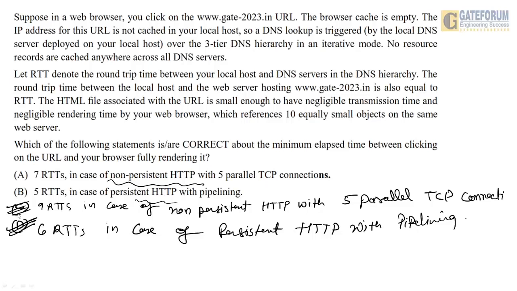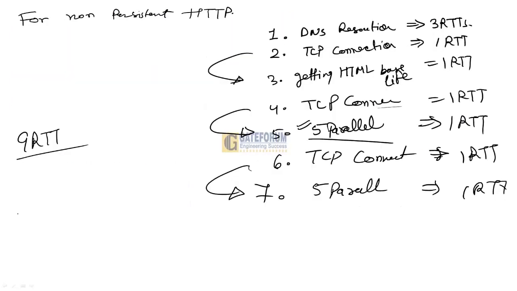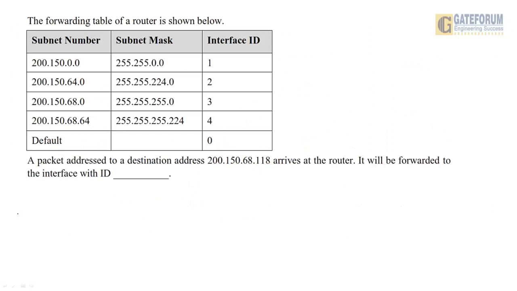Got my point? So these are the questions from computer networks, and there is one more question from computer networks related to the concept of IP address. See here, there is a packet with a destination address that arrives at the router.